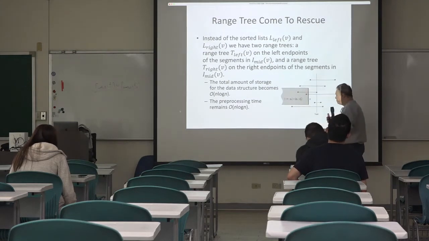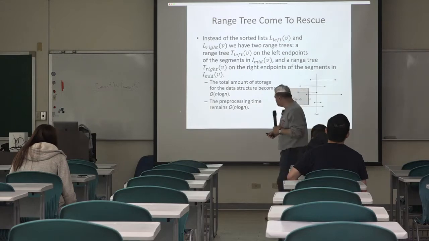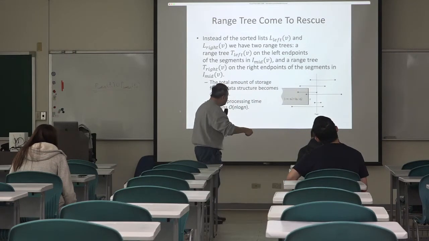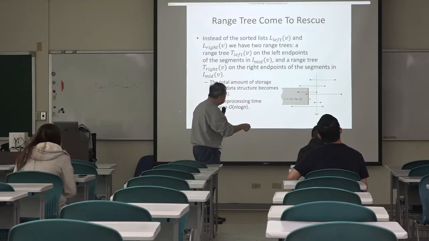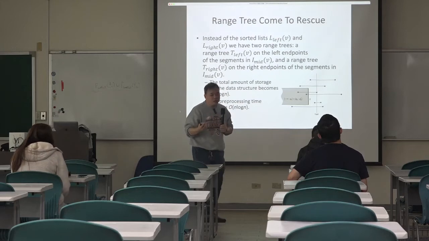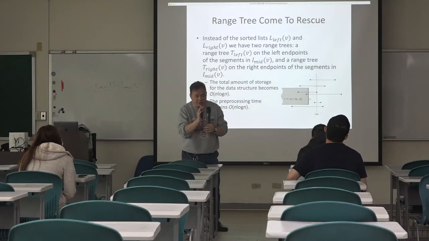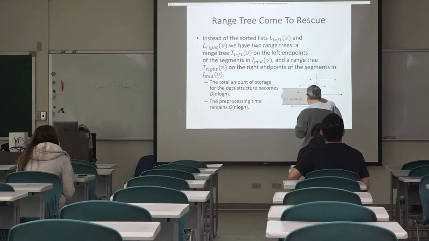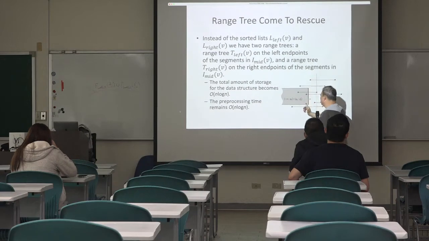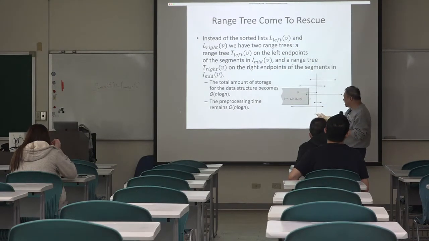Say these segments are the x meet. Now what are we trying to do? Think about this. When you need to check this one, the x coordinate of Q is smaller than x meet, right?